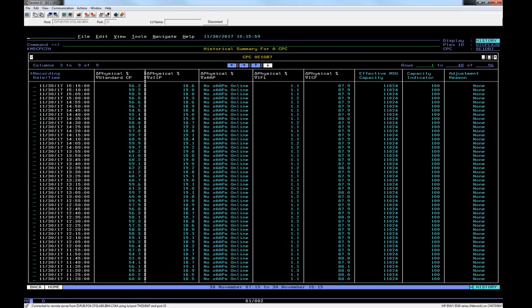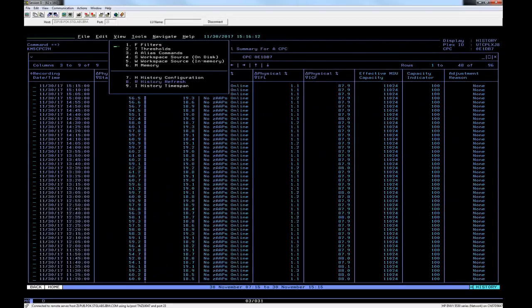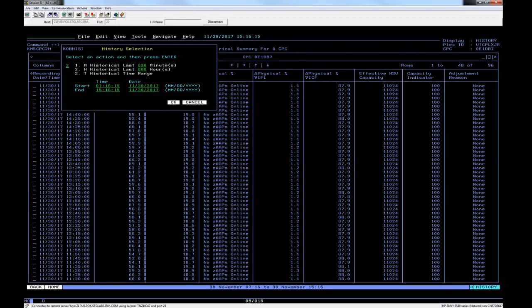now, and just to demonstrate something about near-term history, if we go to the top input line, type in V for view, and select I for history time span, we'll see that we're using one of 3 options here. Option 2, and option 2 will give us the last 8 hours.